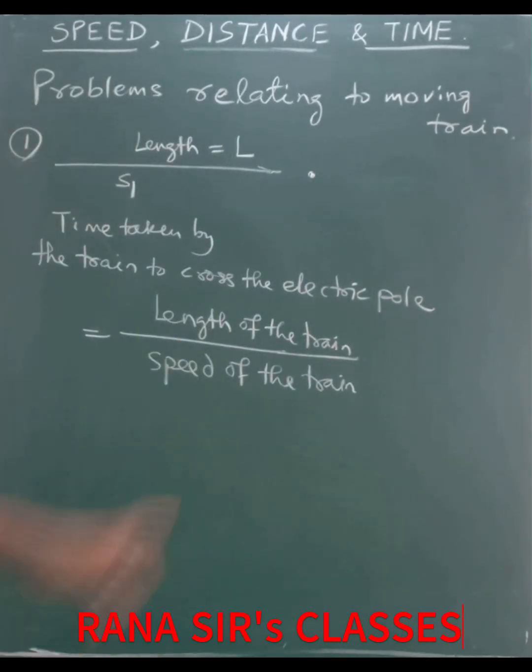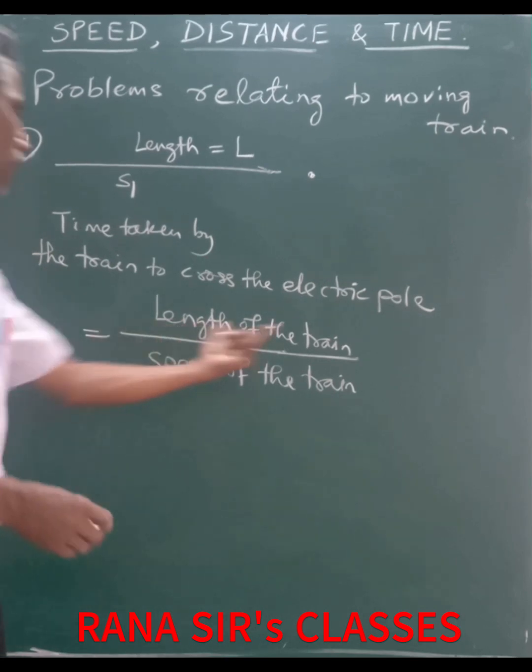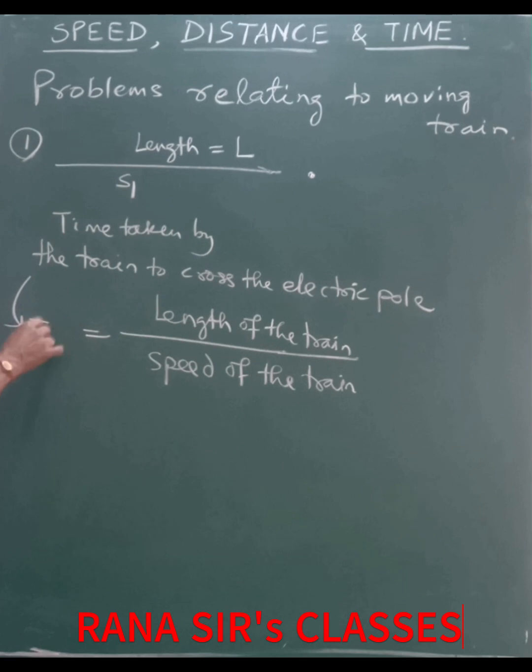In this case, the train is only moving, but the other object is stationary. So length of the train by speed of the train. This is the time taken.